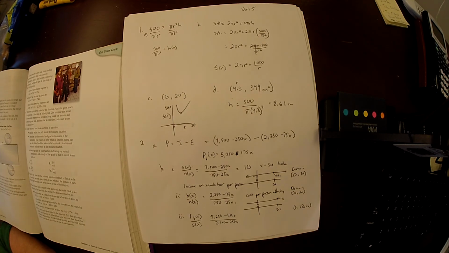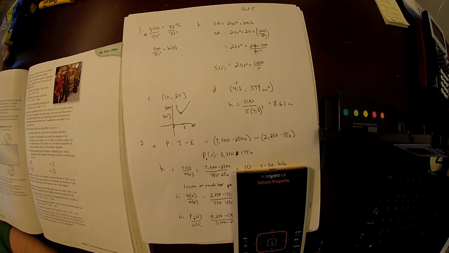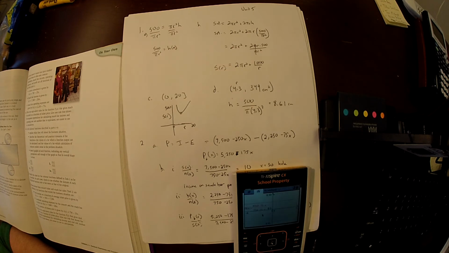But I'm going to go ahead and take a look at the graph of this and see what happens as well. Okay, and so I know I have this graph. I'm going to tab up and change the numbers. Okay, so if I change the numbers on here, I'm going to change the top part to be 5,250 minus 175x. On the bottom, 7,500.